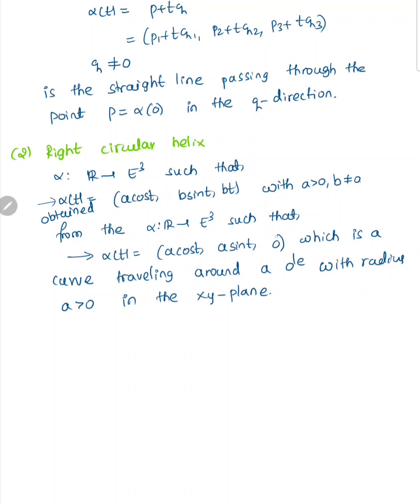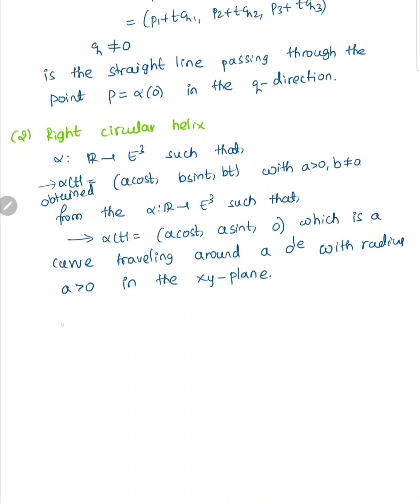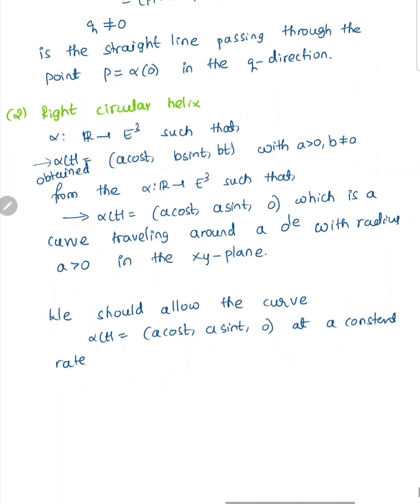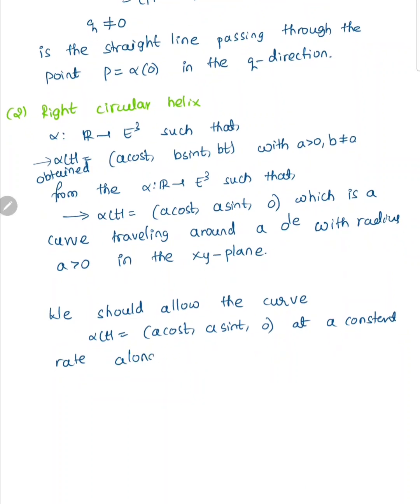So we should allow the curve alpha of t is equal to a cos t, a sin t, 0 at a constant rate along the z direction.